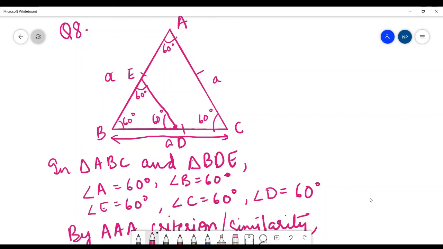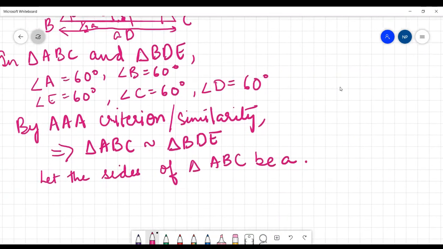So, this we can write as 1 by 2A, isn't it? Now, since BED is also an equilateral triangle, if this is half of A, BE will be half of A and ED will also be half of A. Is that clear?